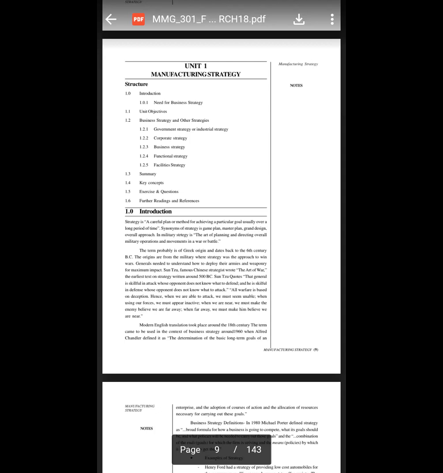We should also know our strengths and our weaknesses. All of this is part of strategy. Strategy also includes SWOT analysis. You know very well about SWOT analysis: strengths, weaknesses, opportunities, and threats. Proper strategy is required in each and every field.